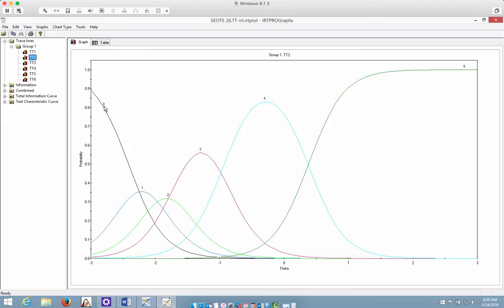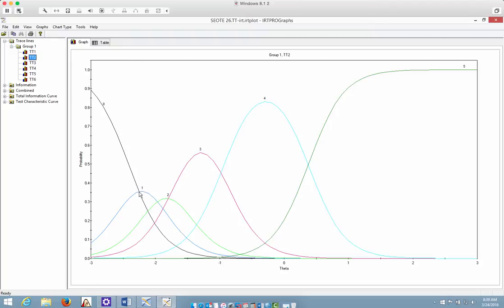So if we look at where the first curve crosses the second curve, so this is the curve for strongly disagree. This is the curve for disagree.